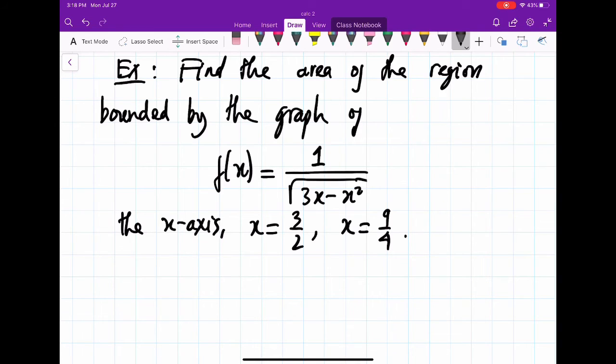So you might guess, yes, we need to integrate from 3 over 2 to 9 over 4, right?